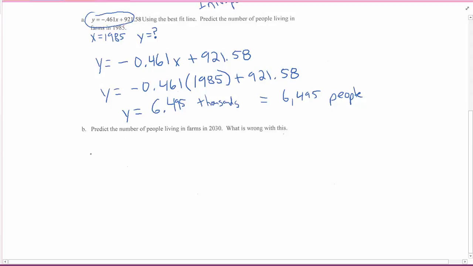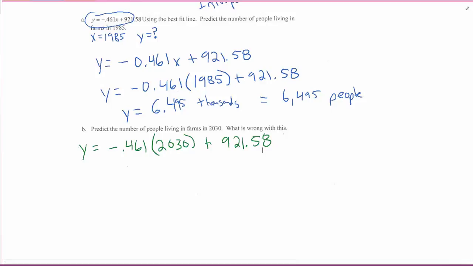So we still have our same equation, y equals negative 0.461 times 2030 for x, plus 921.58.